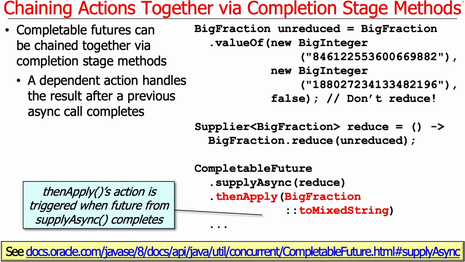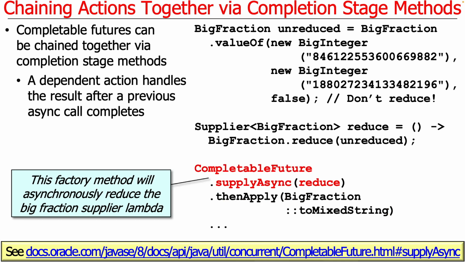In this particular case, it's going to convert that reduced big fraction into a mixed fraction. So we take a so-called improper fraction, which always seemed like a funny name, and turn it into a mixed fraction, only after this call finishes running asynchronously.